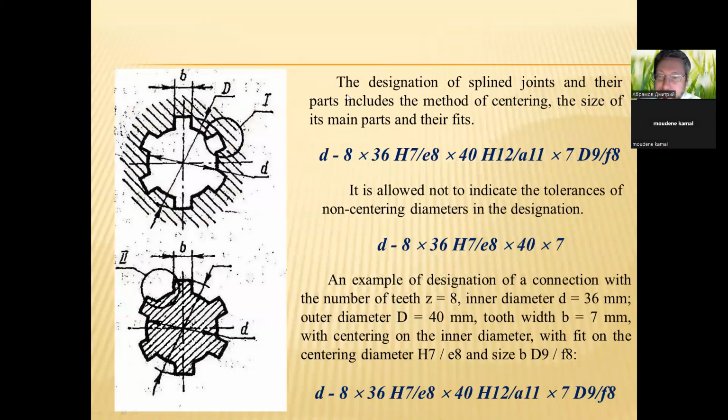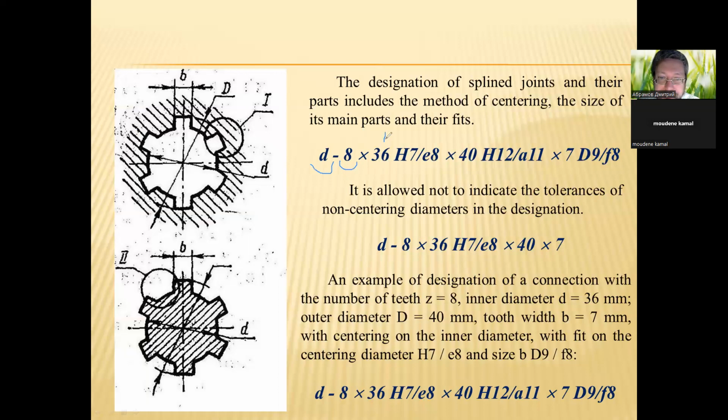The designation of splined joints and their parts includes the method of centering, the size of its main parts and their fits. The method of centering, in the first place, is centering by inner diameter. The number of the teeth, 8 teeth.